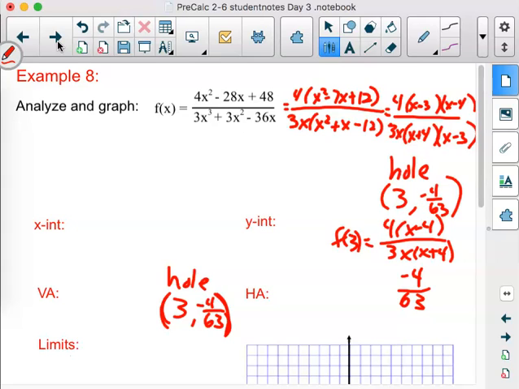Now, that doesn't mean we don't get vertical asymptotes, because we do. There still were 2 more zeros in that denominator that were not part of the hole, and that was the 3x and the x plus 4. So 0 and -4. Horizontal asymptote, well, that's about degrees. And as we look at these two polynomials, we see there's all kinds of variables in there.